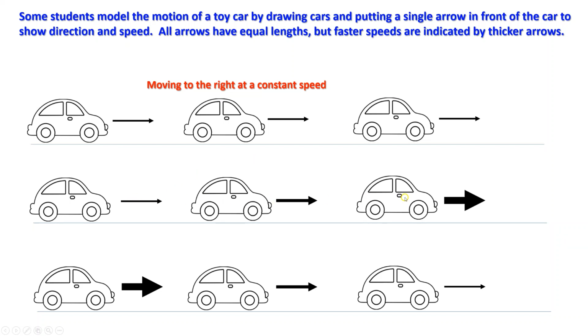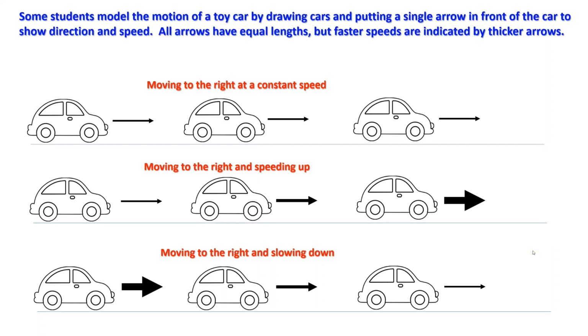In the next set of drawings, the arrows get thicker as they move to the right, which would imply speeding up while moving to the right. And then if the arrows get thinner while moving to the right, the car would be slowing down.